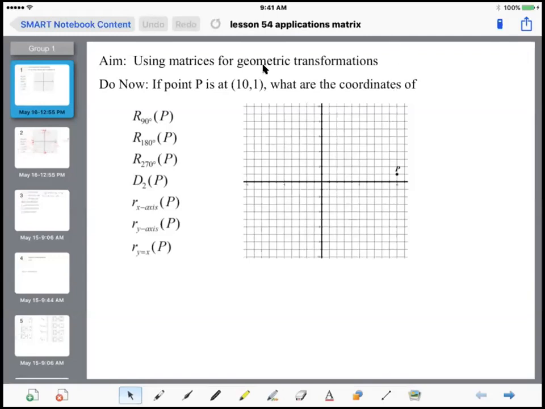I mean specifically when the point P is (10, 1), what is going to be true for all the answers except for maybe one of them?